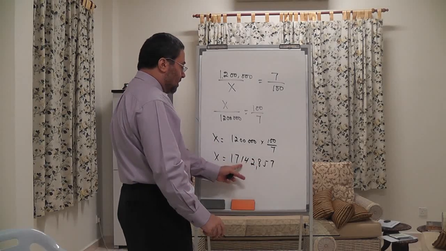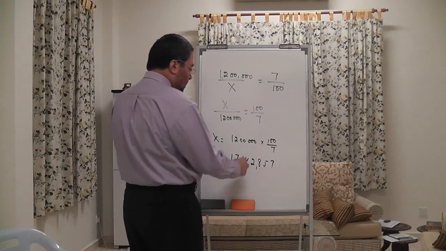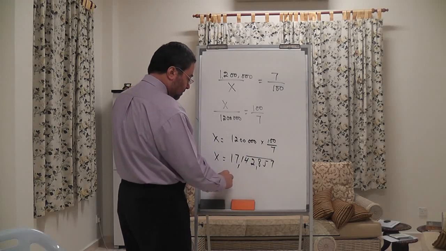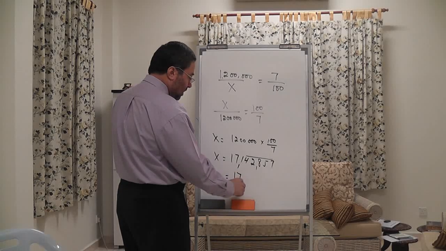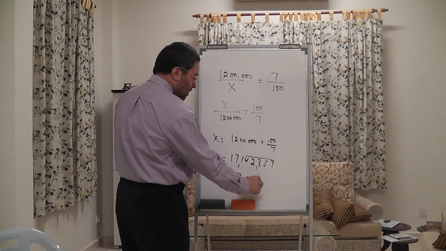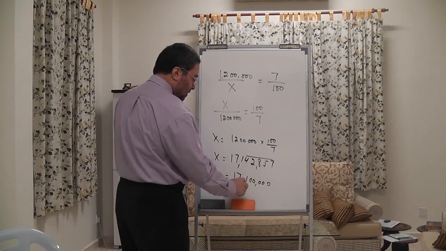This is the nearest 100,000, and if we are rounding, since this is 4, then these will be changed to zeros. So the population is 17,100,000.